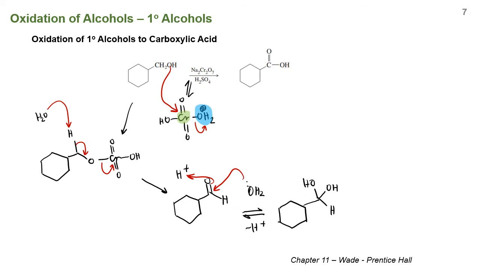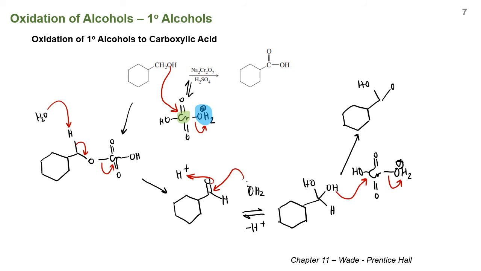It will attack the chromic acid again, kicking out water, and then you will form a species similar to the first one.